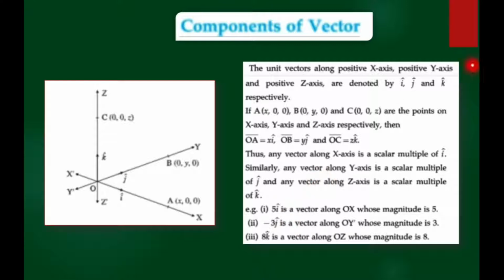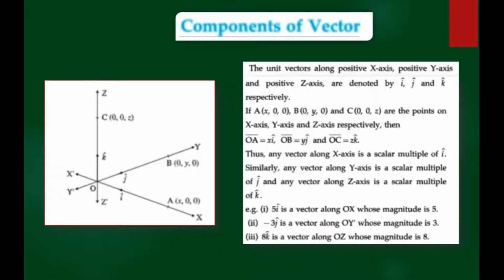and here we consider point A which is on the x-axis whose coordinate is A(x,0,0). Here the value of x is 5, so the point is at a distance of 5 units from the origin, so its magnitude is 5. Now see the second example. Minus 3j cap is a vector along OY dash.